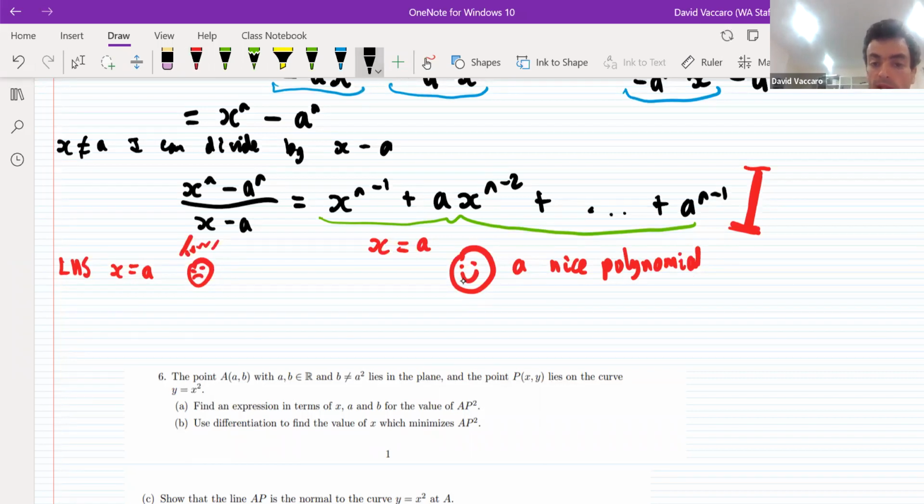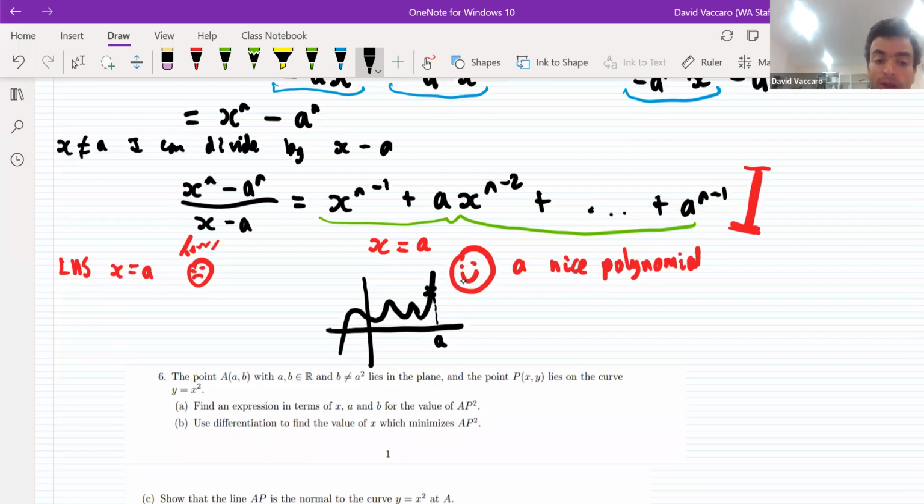Now, if I imagine the graph of this nice polynomial on the right-hand side, it's an n minus 1th order polynomial, so it might just wiggle about a bit. Who cares? But a is a perfectly polite and normal point.